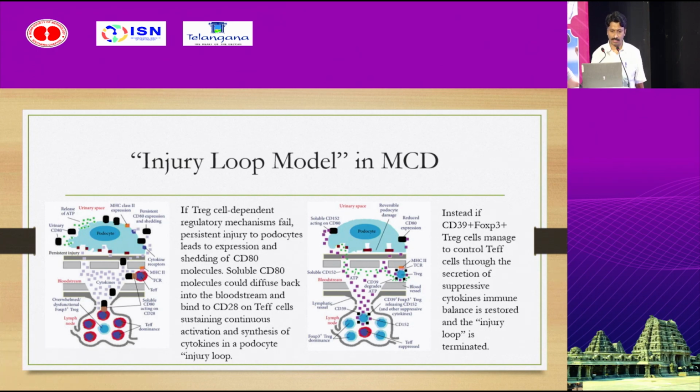So, this occurs in a vicious cycle and leads to dramatic onset of proteinuria in patients with minimal change disease. Suppose the Treg cells were normal, or were able to control the T effector cells through secretion of suppressive cytokines, then the immune balance is restored and the injury loop is terminated.